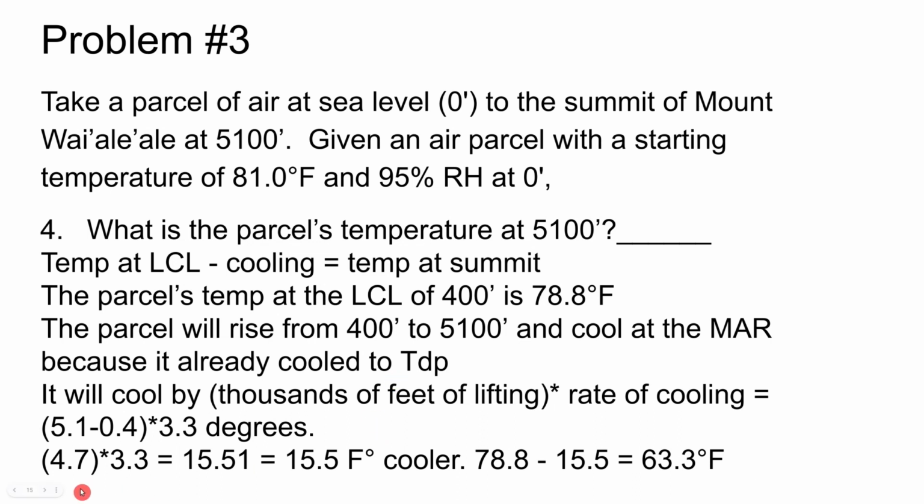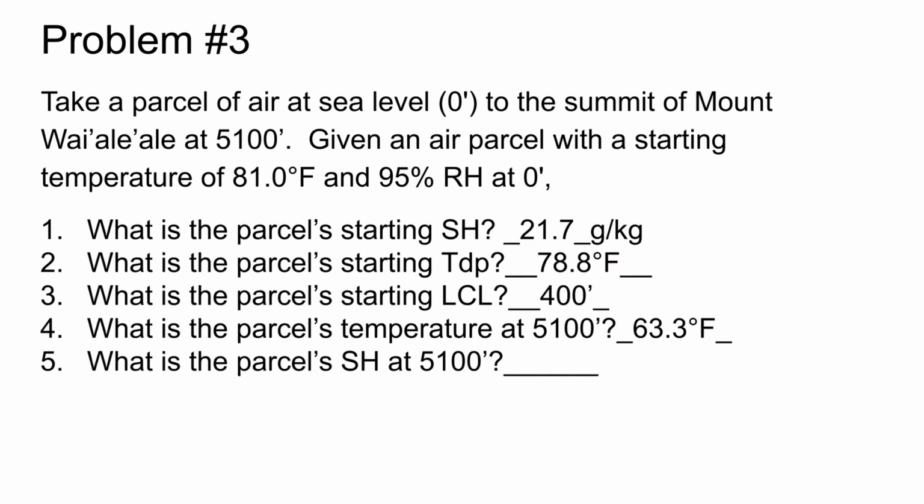That's 4.7 thousand feet of rising times 3.3 degrees of cooling for every 1,000 feet. That's 15.5 degrees of cooling. The dew point temperature minus the cooling gives us 63.3, and that's the temperature at the summit of 5,100.